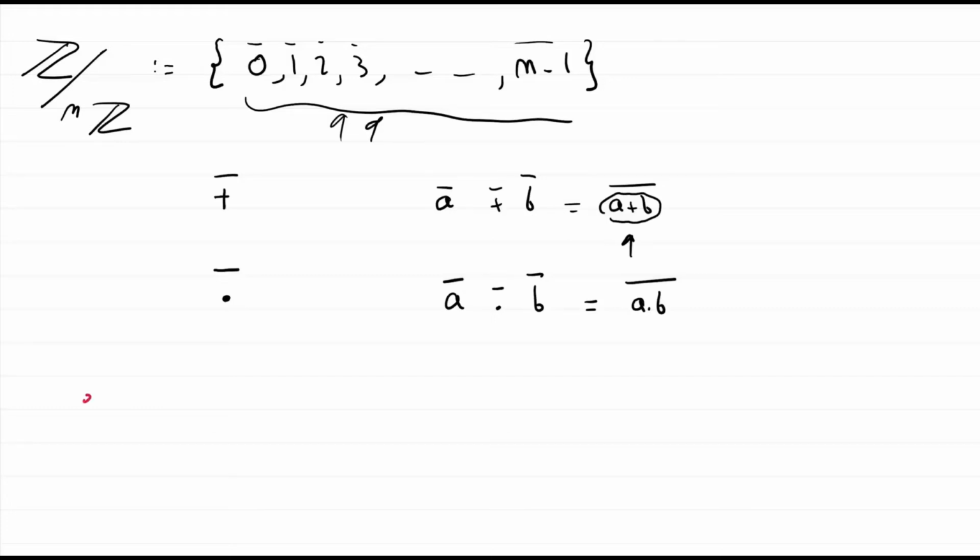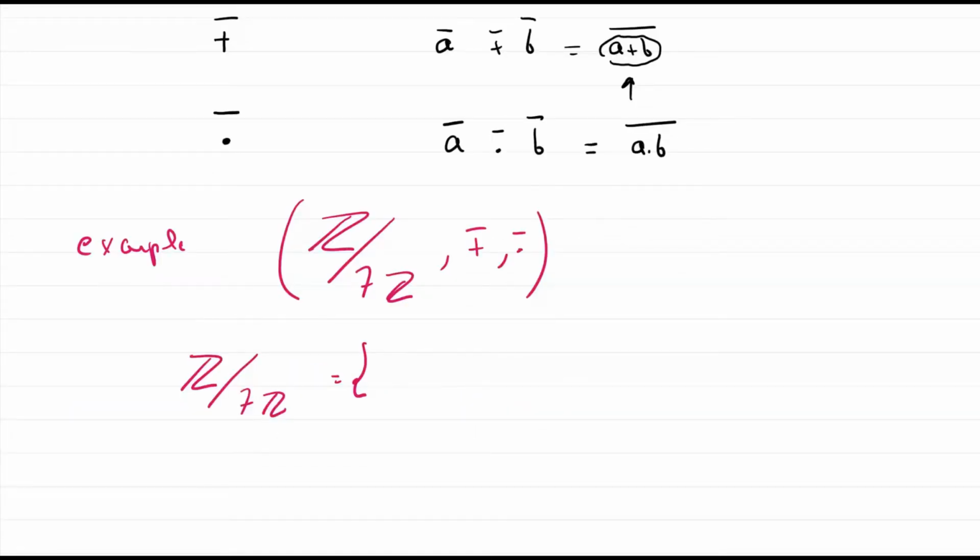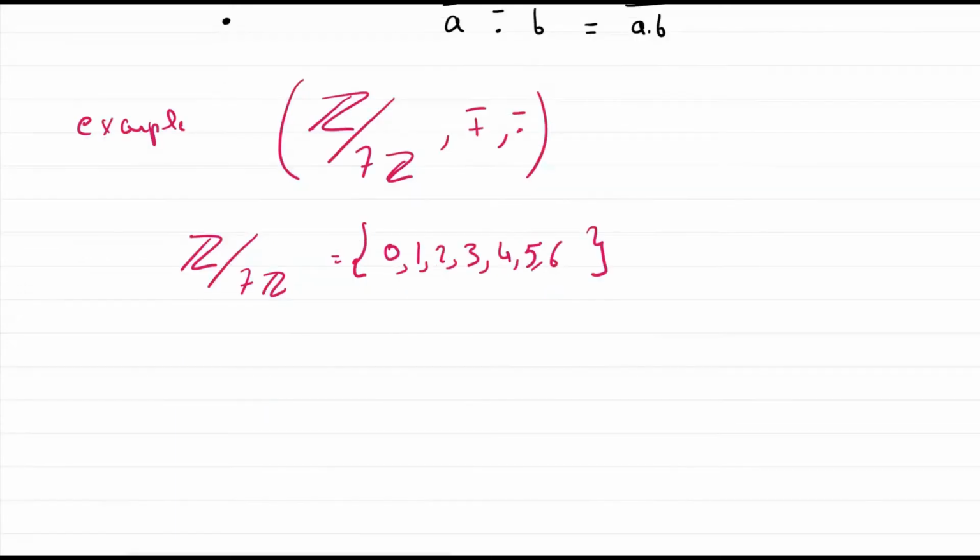So as an example, we have the elements modulo 7 with the plus and multiplication. The set itself I represent by the integers between 0 and 6. So those are 7 elements. I can put those bars here or not. And then I have the plus and the multiplication. And if there's confusion, I put bars.